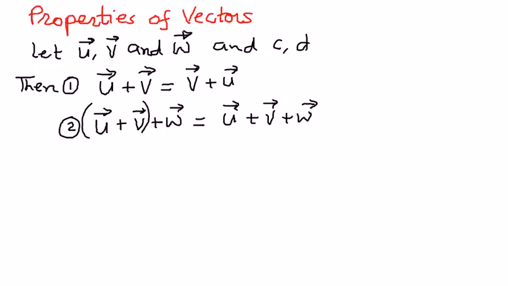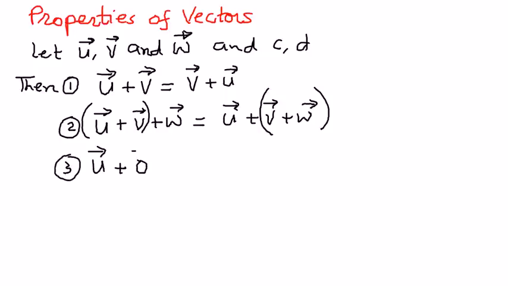If we combine vector u and vector v first and then add vector w to it, or combine vector v and vector w first and then combine it to vector u, the result is going to be the same. This is very similar to some of the properties which we have seen in basic algebra, and this is the associative property of addition.